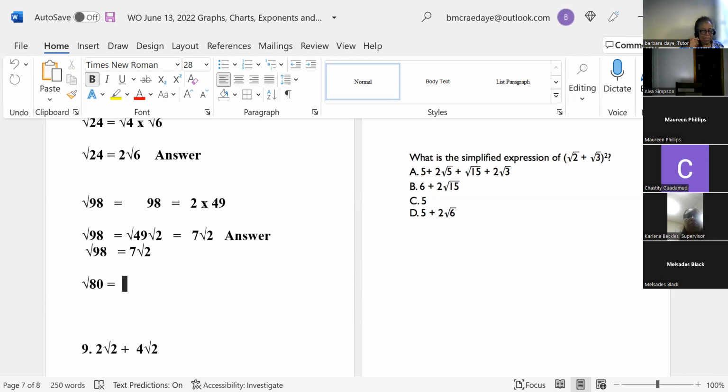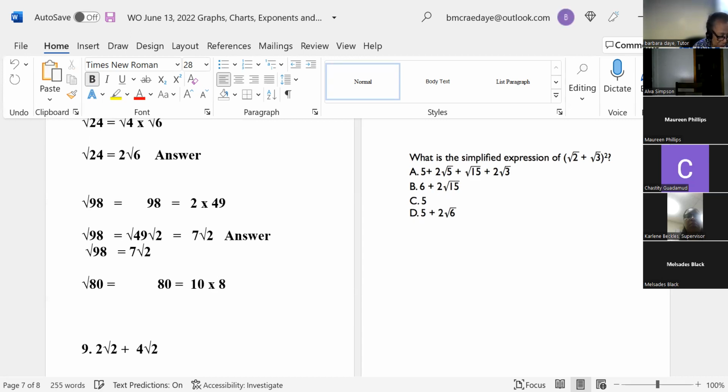Factors of 80. Alba, do you know factors of 80? What two numbers multiply to give you 80? Think of two numbers you can multiply to get 80. One has a perfect square root. What are they? 10 and 8. They are factors, but neither one has a perfect square root.